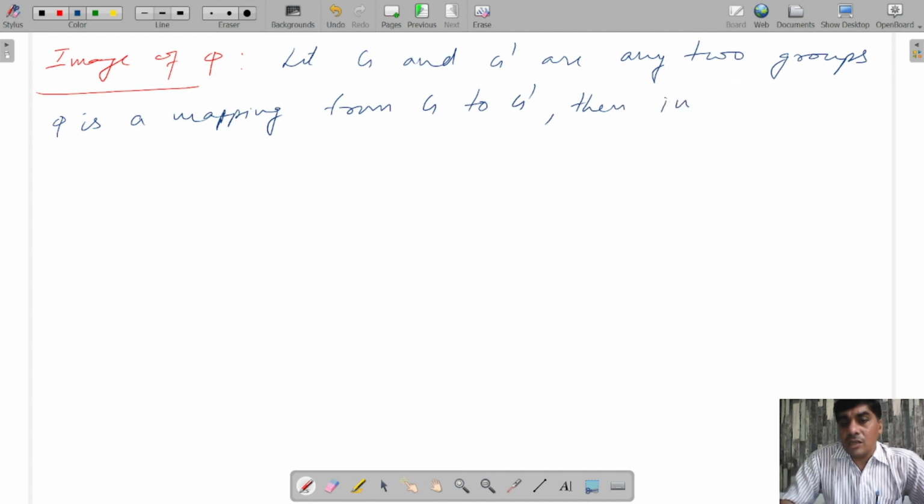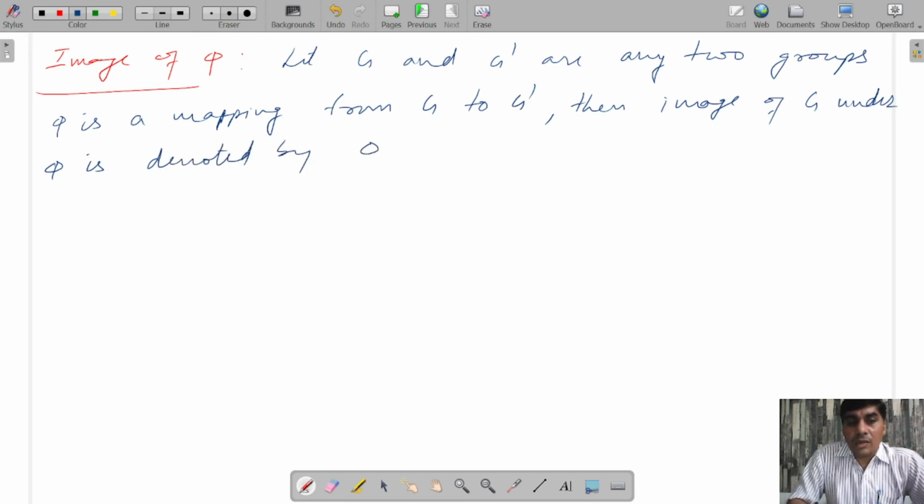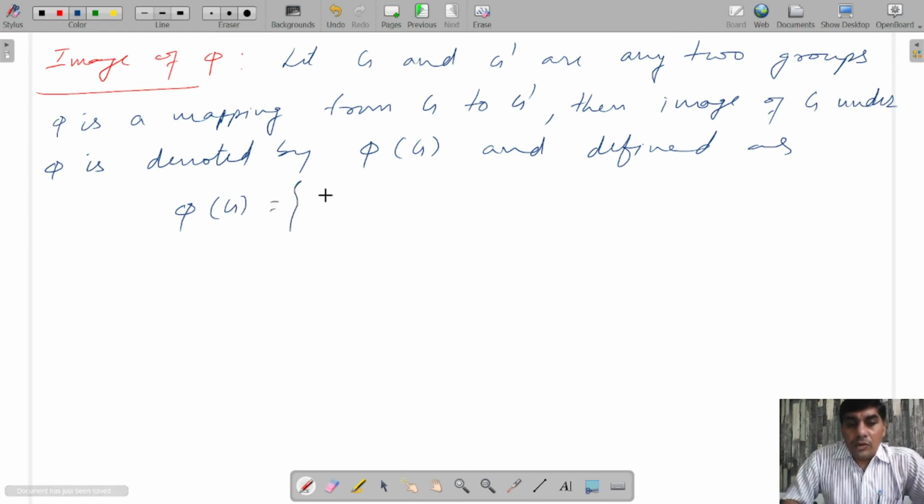Then image of phi, image of G under phi, is denoted by phi of G and defined as phi of G is equal to phi of x such that x belongs to G.